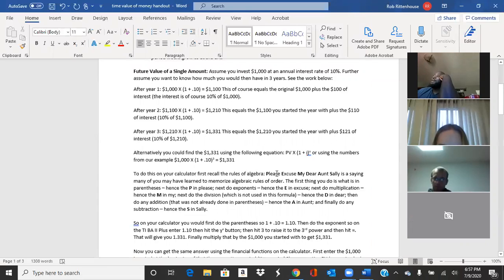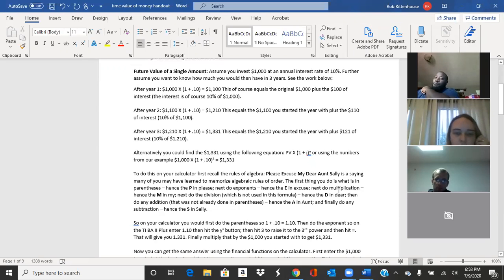So, please excuse my dear Aunt Sally, which means you start with the P. Anything in parentheses you have to do first. In this case, in the parentheses, add the 1 plus 10%. You do that first. Next, do exponents. That's your E. In this formula, you would then raise that 1.10 to the 3rd power.